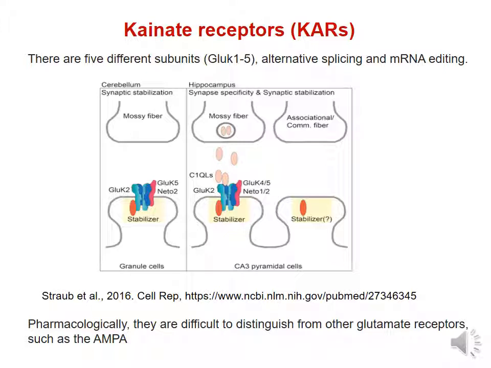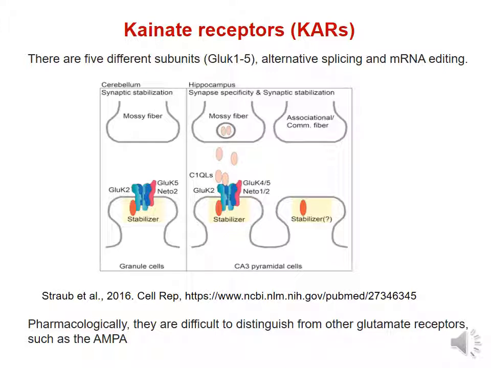And then two other additional unique observations that make kainate receptors one of the most intriguing receptor families in the nervous system is that several kainate receptor knockout animals have been generated, but they have not been particularly informative about the function of these receptors due to a lack of phenotype. And then some actions of kainate seem also to involve an unusual interaction of ionotropic receptors with G proteins.